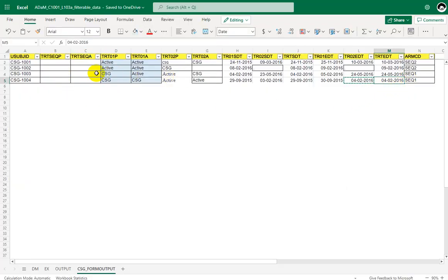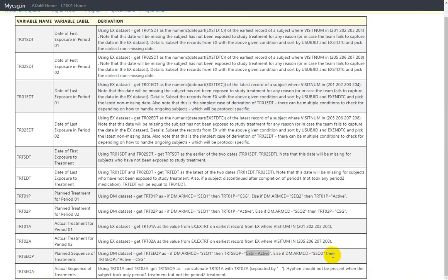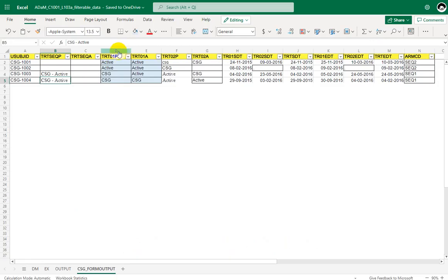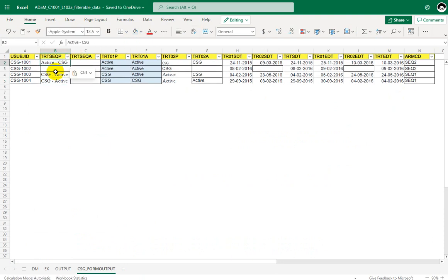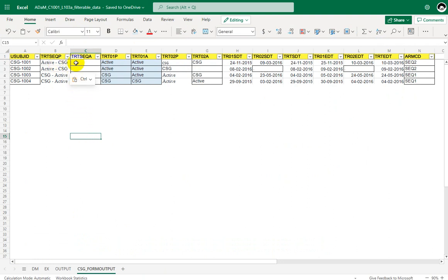So on the last two records we have SEQ1, and for SEQ2 in the ARMCD variable we need to populate it as active hyphen CSG. So let us populate it. So on these first two records we have SEQ2, so we'll have to populate active hyphen CSG in this one. So now we are left with TRT SEQA.